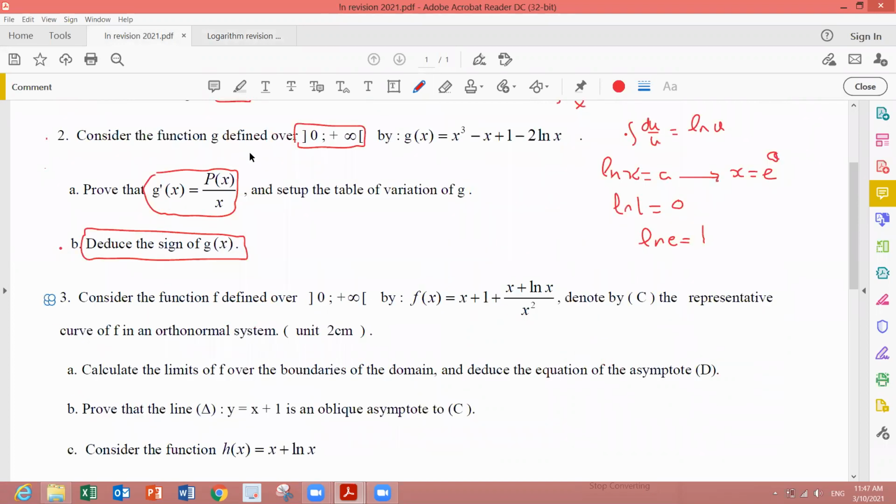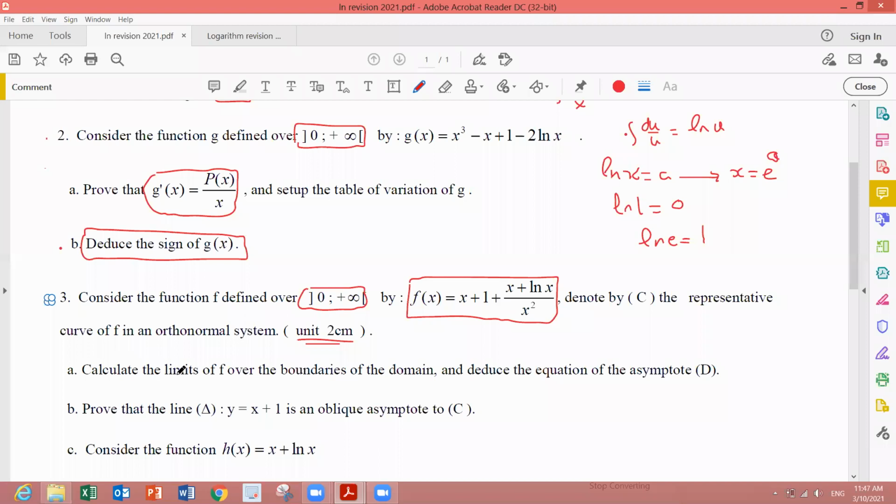Part 3. Consider the function f defined on 0 plus infinity by f x equals x plus 1 plus ln x over x squared, and denote by C its representative curve in an orthonormal system with the unit equal to centimeters.